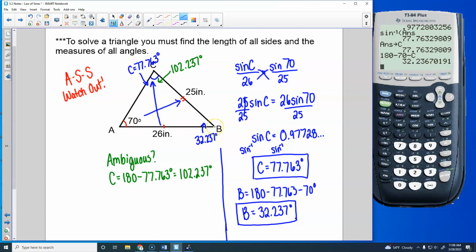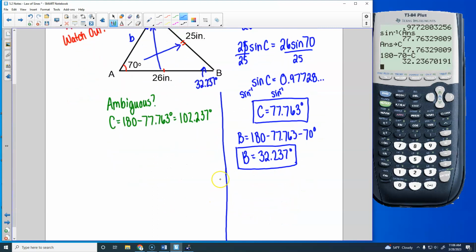And so if I have angle B, I can find side B, which is the side that we're missing over here, because we need all the angles and all the sides if it's asked us to solve the triangle. Right now, I'm totally ignoring this 102.237. I'm pretending like it does not exist. So if I want to find side B, I've got to do law of sines again.